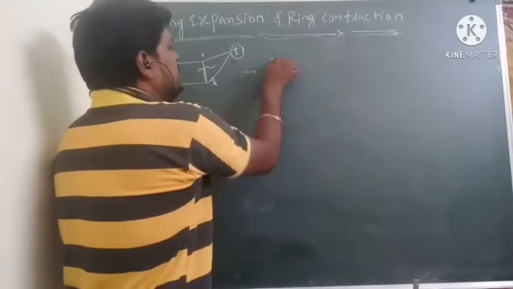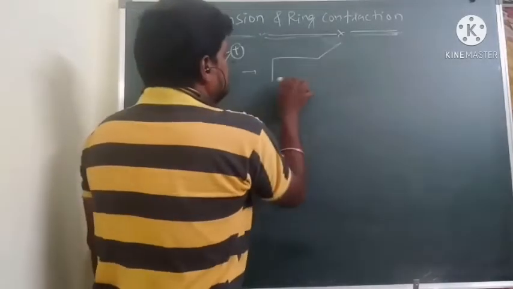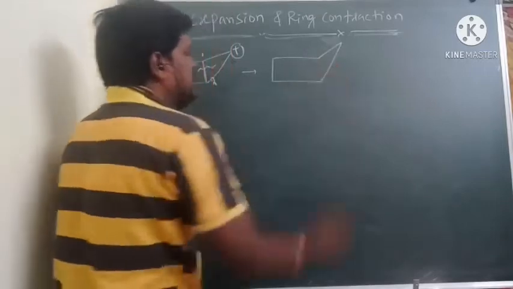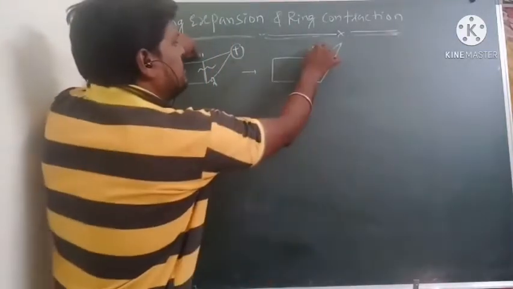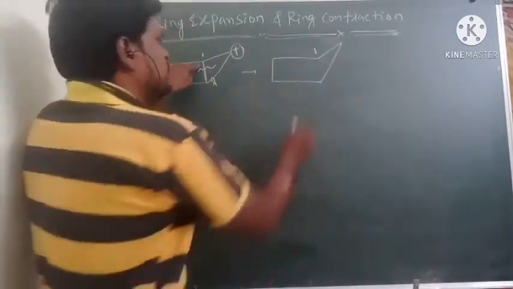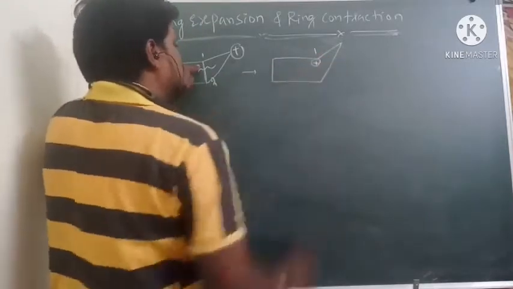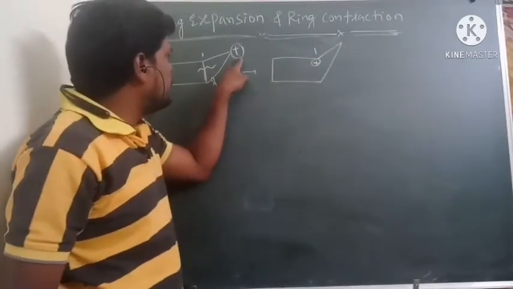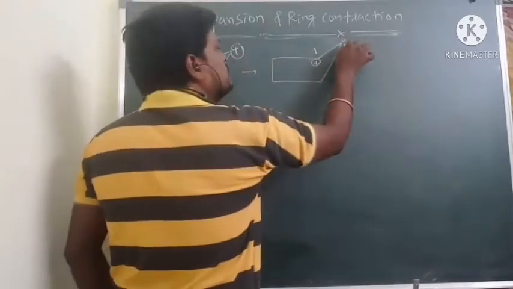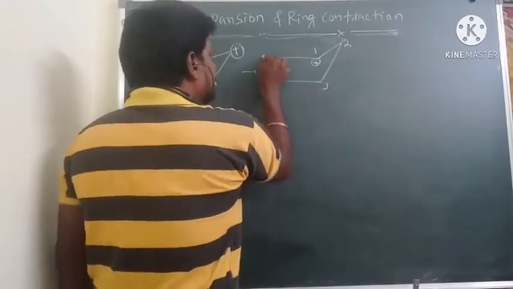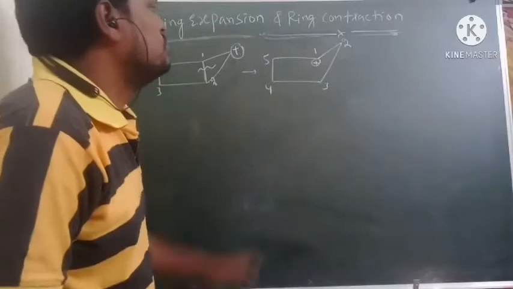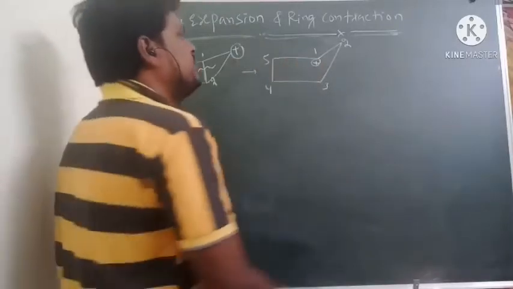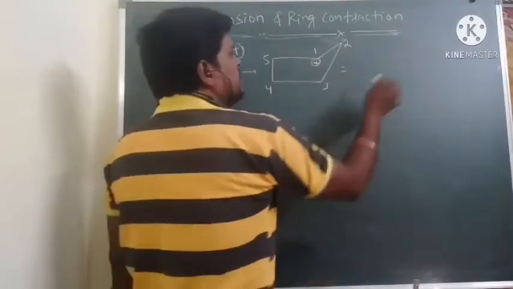So this is the structure. This is the first carbon; it lost a bond, so it has the positive charge. The second carbon bonds with this carbon, so 2, 3, 4 and 5. In total, how many carbons are here? 5 carbons, I mean a C5 ring.